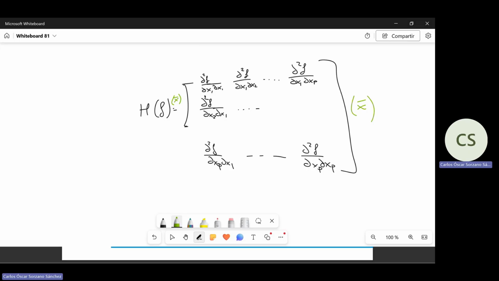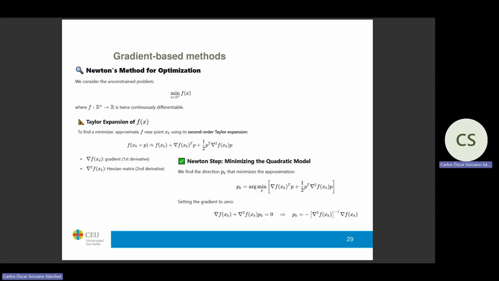Okay, so then we can learn about the curvature. And then what we can try is, okay, I will look for the perturbation that minimizes the second order part of this Taylor expansion.